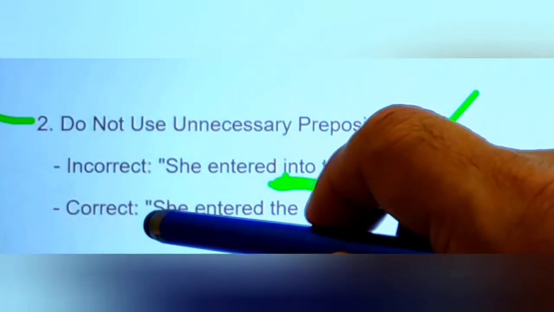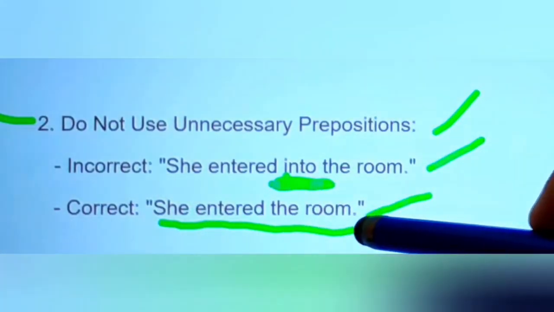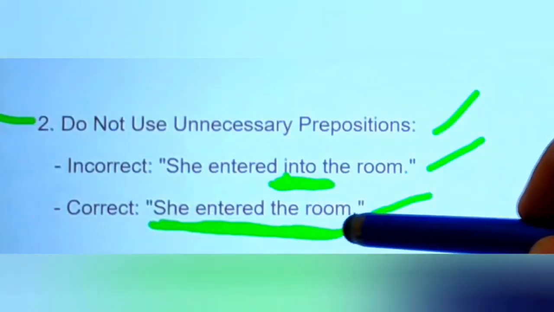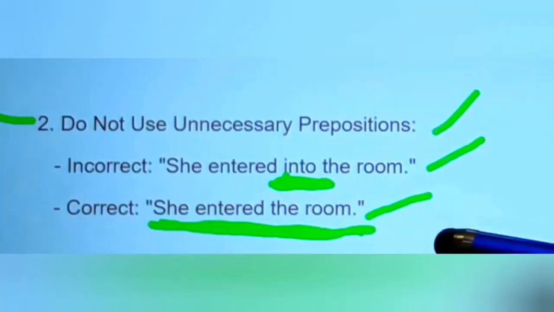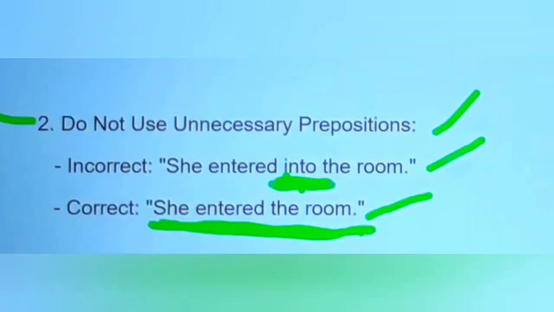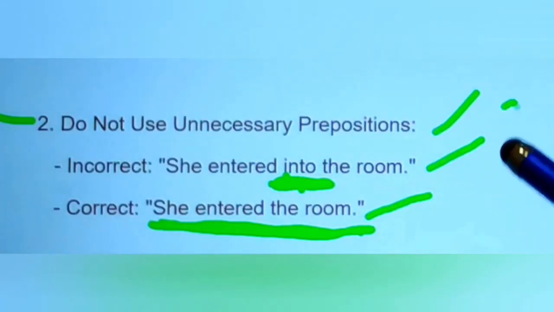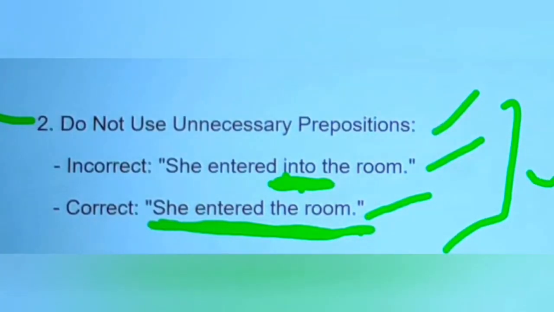The simple sentence gives the exact meaning of where she went. So we don't need the extra preposition into here. So the second rule of prepositions: do not use unnecessary prepositions. Hopefully you got it, this one as well.